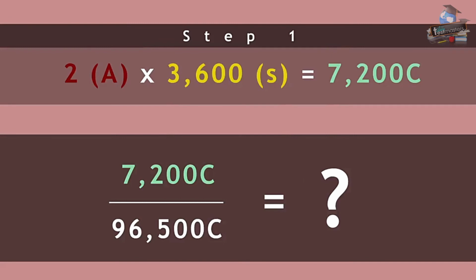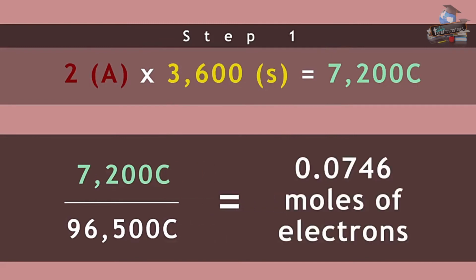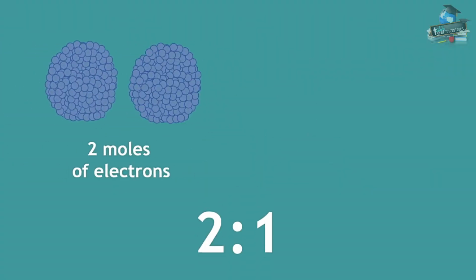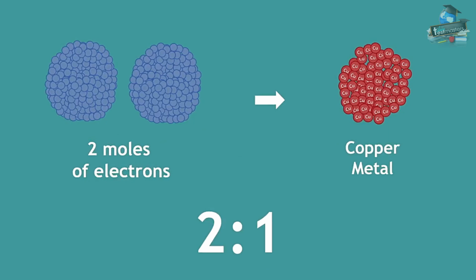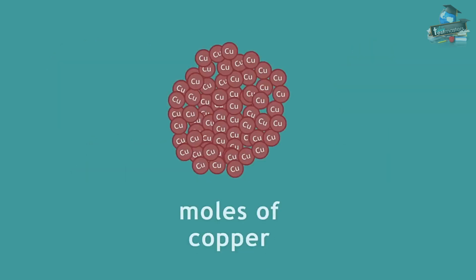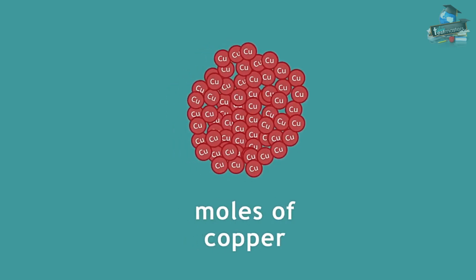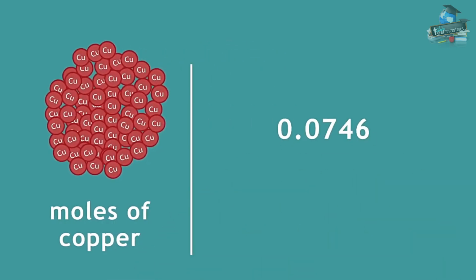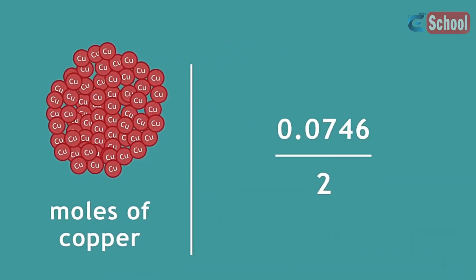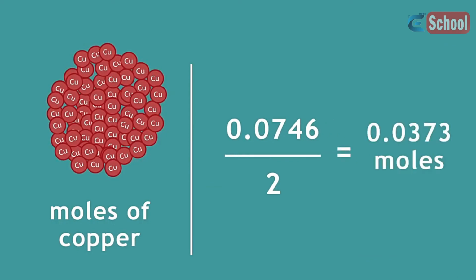You should have got 0.0746 moles of electrons. Remember though, there is a ratio of 2 to 1 electrons transferred to moles of copper metal produced in the reaction. So to find the actual moles of copper, you have to divide 0.0746 by 2, which is 0.037 moles.